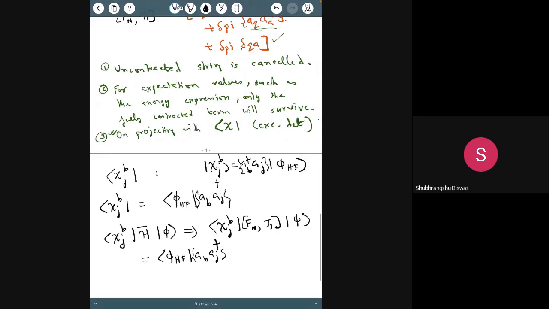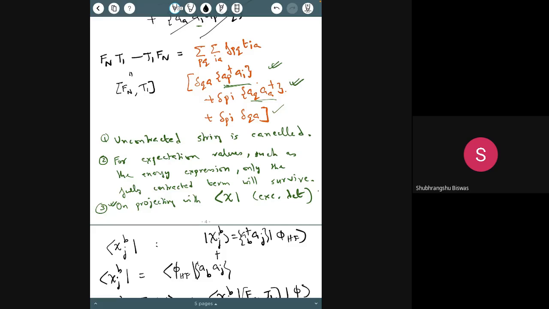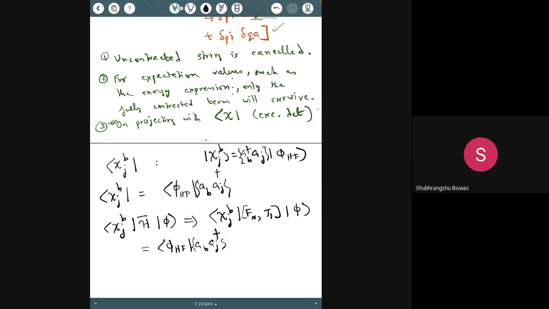And here, from the commutator expression, I have A_P dagger A_I operator and A_Q A_A dagger. So the fully contracted term, let me write that first, and you have all the amplitudes as well.